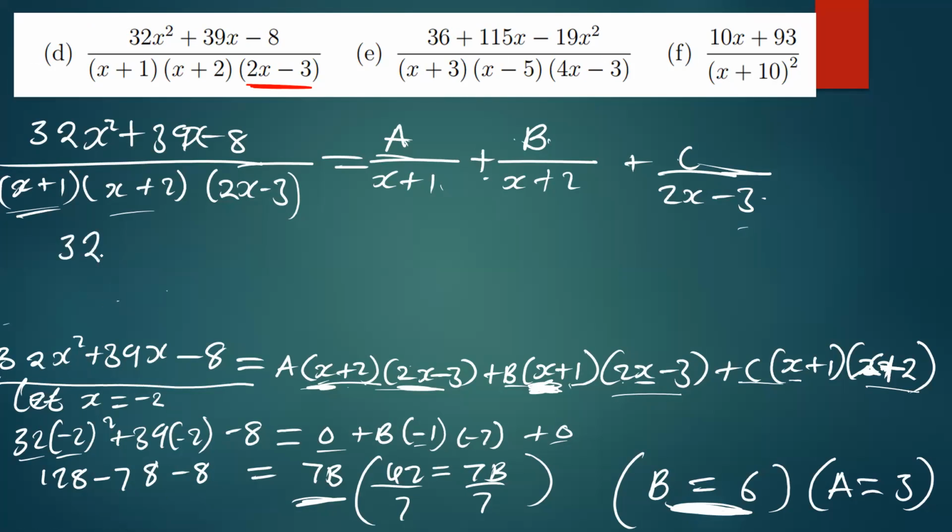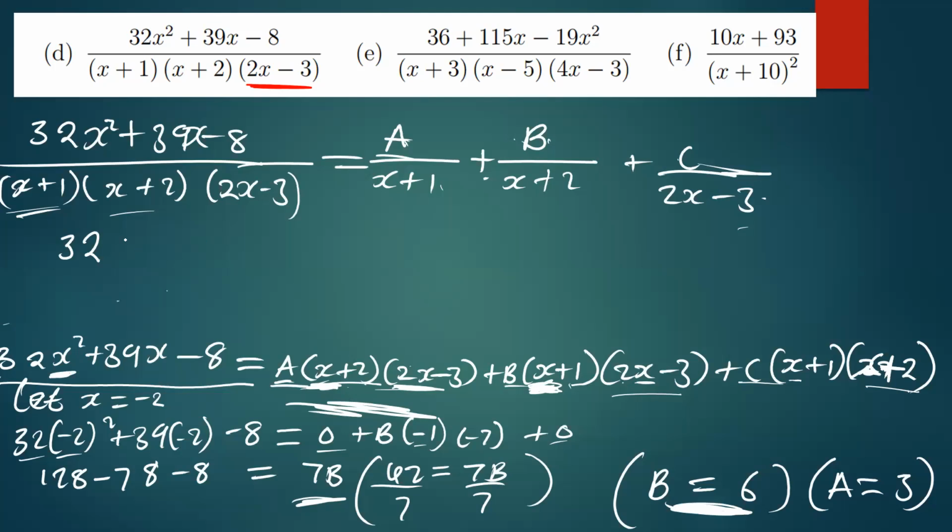So 32 is the only term that has the variable x squared. And on this other side, the variables that I'm going to have with x squared, I'm going to have a times x times 2x. That's the only part that will give me x squared on the first term there. So a times x times 2x.